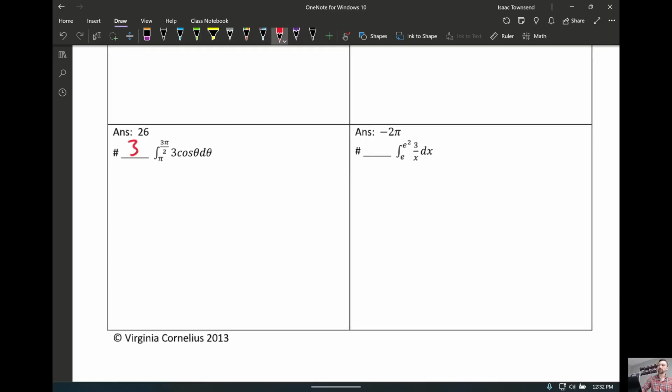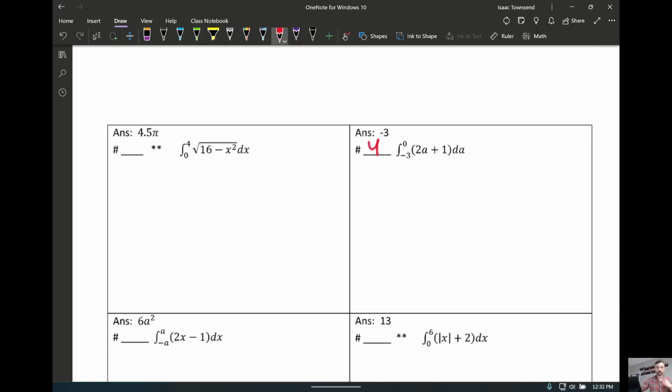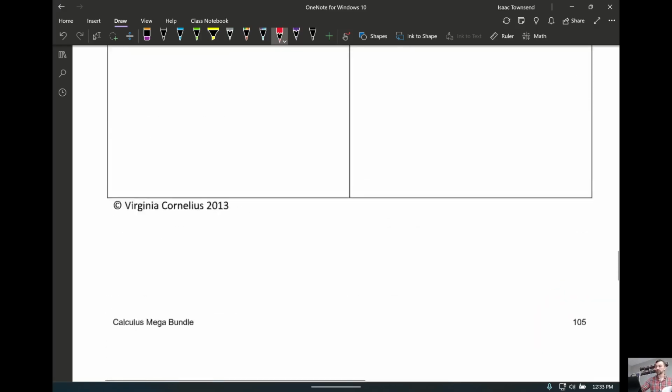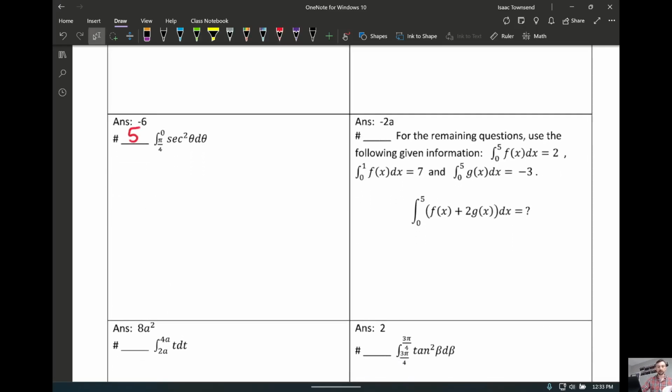And this one had an answer of what? -3. I agree. Number 4 is up here, and he had an answer of -6. Number 5 is right here, and he had an answer of -1.